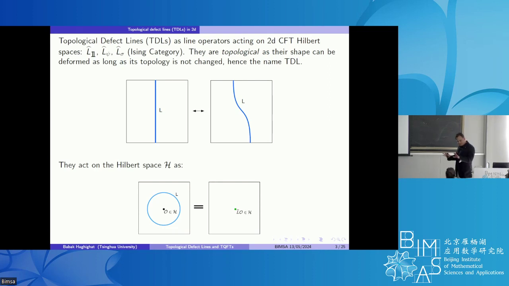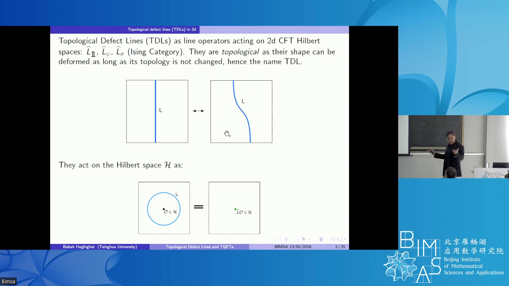Let me briefly explain, because there's not so much familiarity with quantum field theory. So what are these quantum field theories? Let's take these 2-dimensional theories. You can think of them as some statistical models. There are some degrees of freedom on this 2-dimensional space.